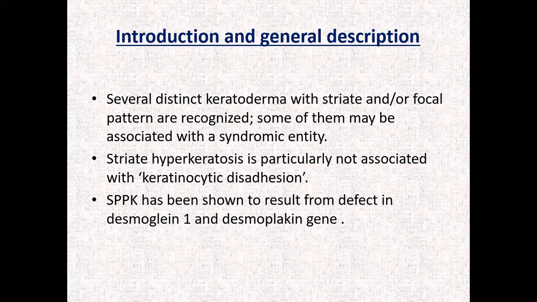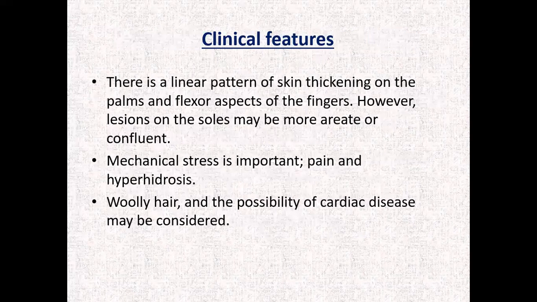Several distinctive keratodermas with striate or focal patterns are recognized and may be associated with some syndromic entities. The striate hyperkeratosis is particularly not associated with keratinocyte disadhesions. Mainly the desmoglein 1 and desmoplakin genes are involved in the striate keratodermas.